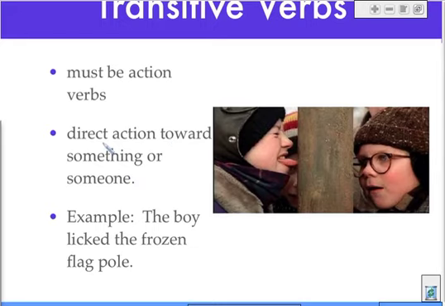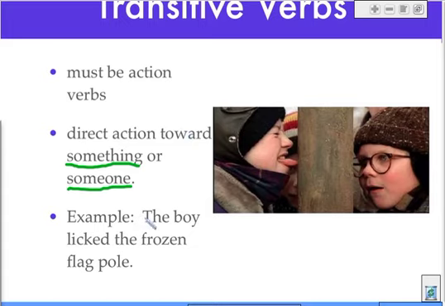So it's a verb, and as you know, most verbs are action. And I guess you'd say if there's something that receives that action, the action is going across the sentence to something else. Now, here's the key. It says towards something or someone. So what kind of words would it have to be? It would have to be a noun, or a pronoun, I guess.